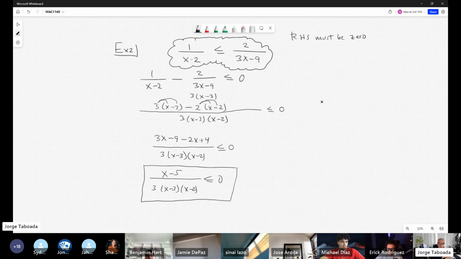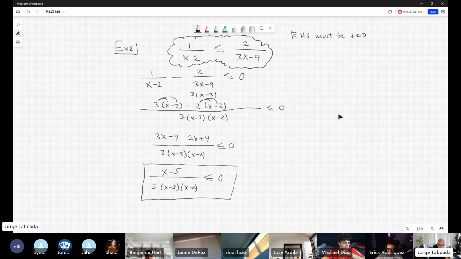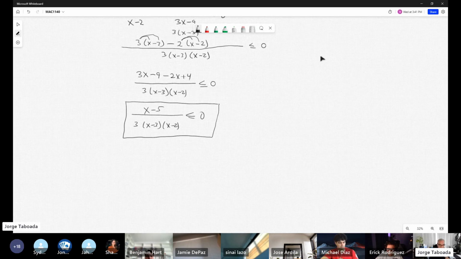Remember, I moved everything to the left, used my trivial algebra and condensed it into only one rational function, like a fraction, a division of polynomials, and that's it.